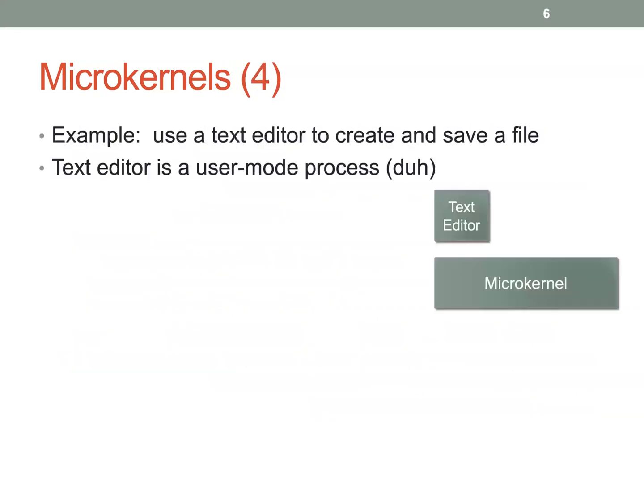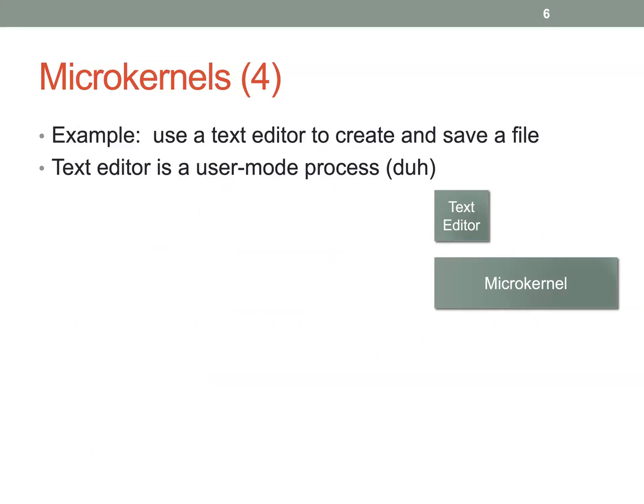Here is an example of how a text editor might function in a microkernel type operating system implementation. And you can see, of course, you have the microkernel. There's a dotted line here that we haven't drawn, which is the delineation between user mode and kernel mode or protected mode.